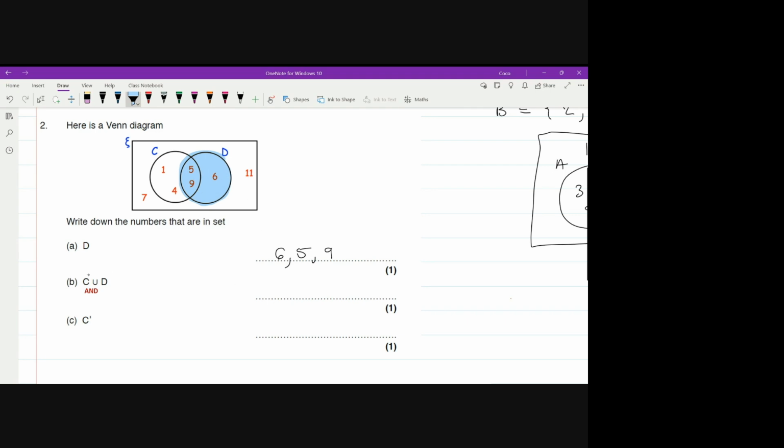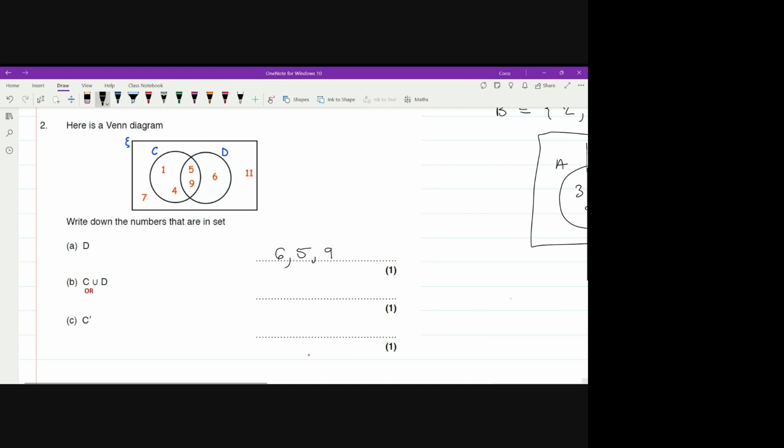Okay, now the next one here says C union with D. So union with D just means C or D. Oh, I'm lying. It actually means or. Okay, C or D. So if I had to choose any of these numbers, I want any of them that are in either set C or D. Which numbers would fall in set D or in set C or D?